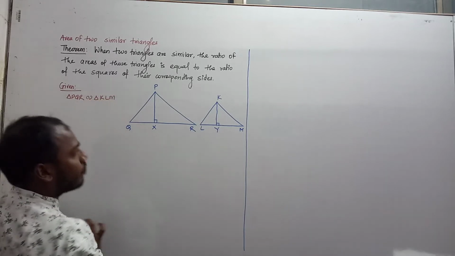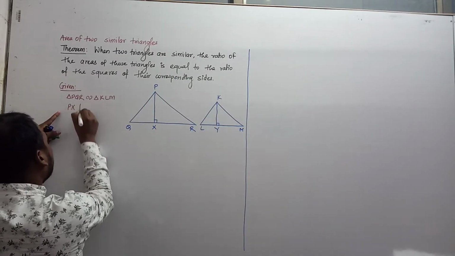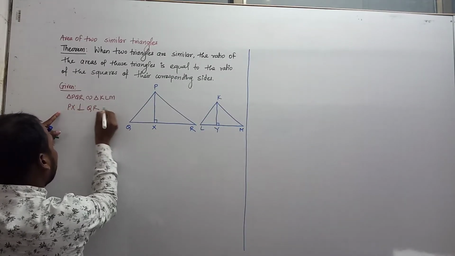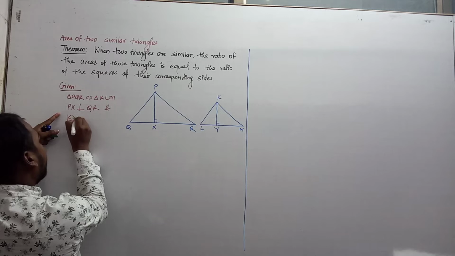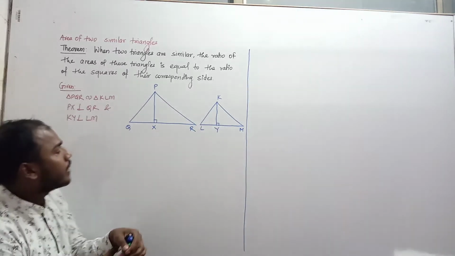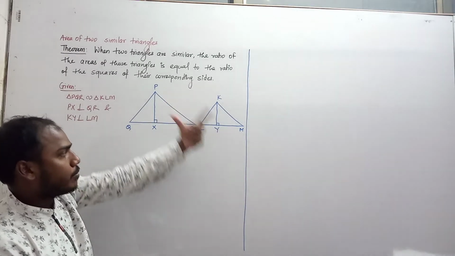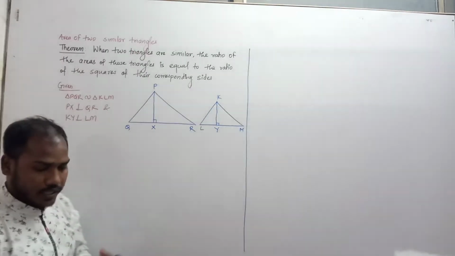Apart from this, we can write that PX is perpendicular to QR and KY is perpendicular to LM, as in the diagram.